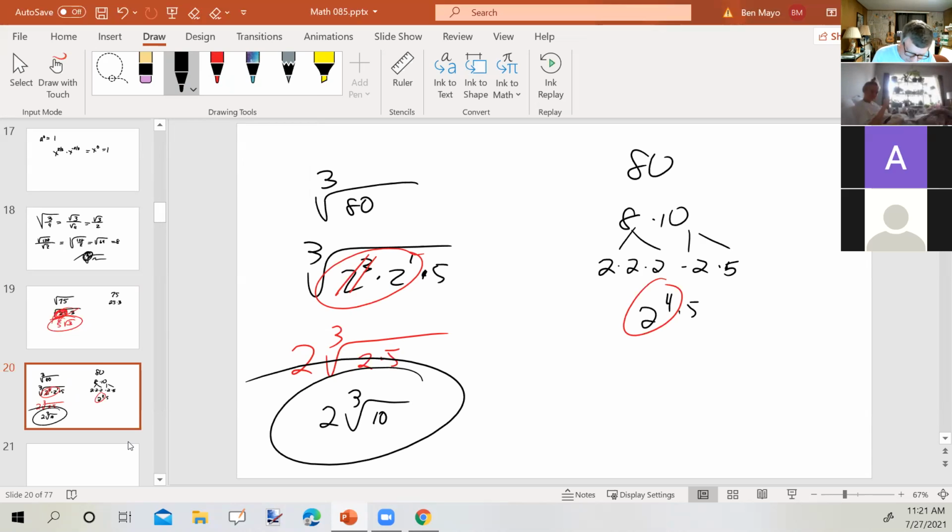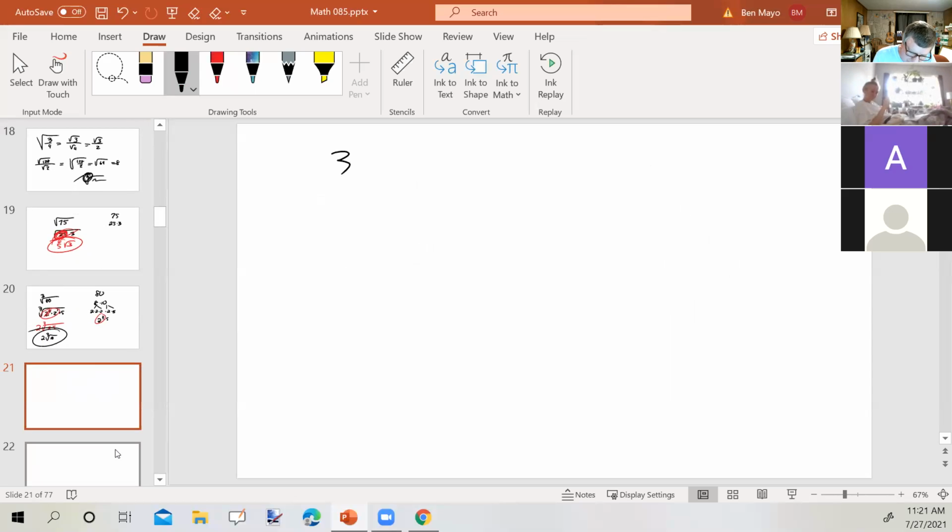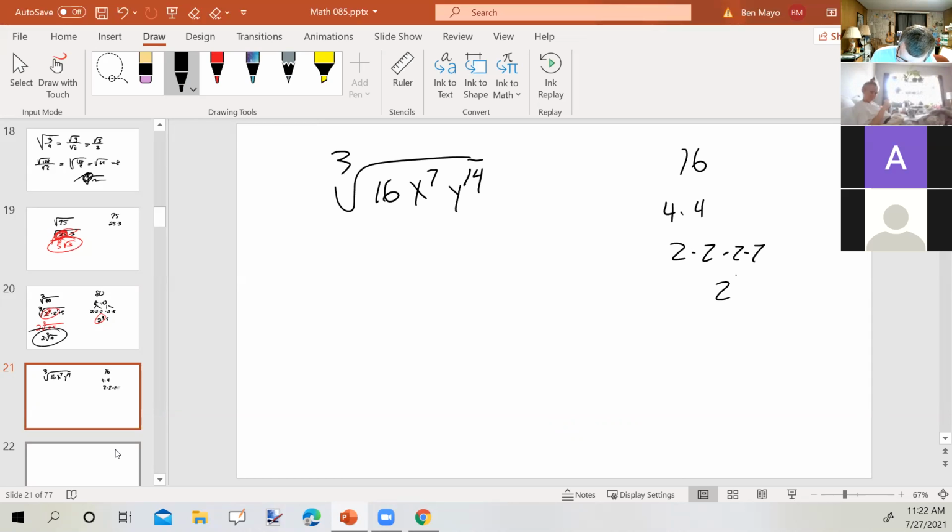Okay. What if we've got something like this? How about the cube root of, let's say, 16x to the 7th, y to the 14th. All right. So 16 is 2 to the 4th, or 2 to the 3rd times 2 to the 1 power.